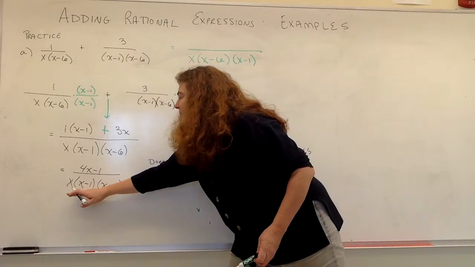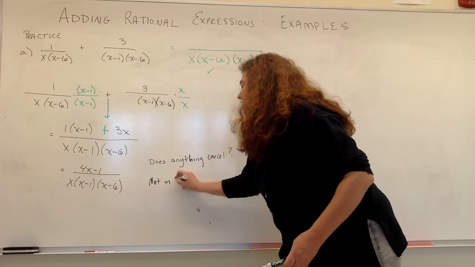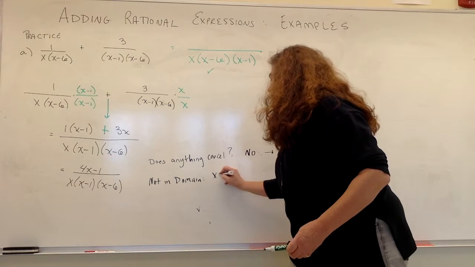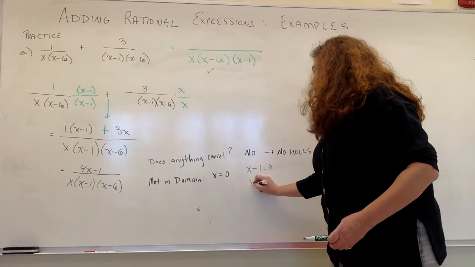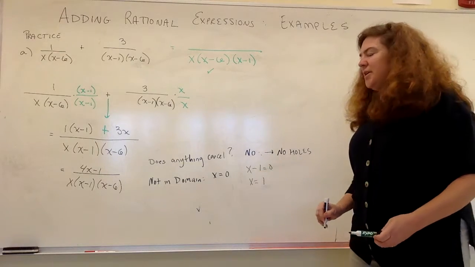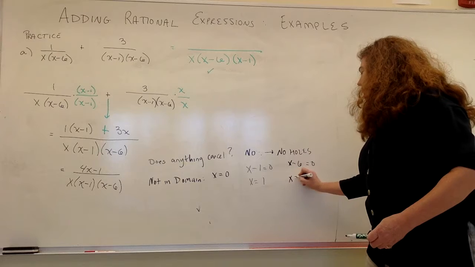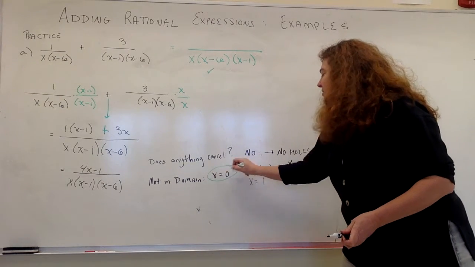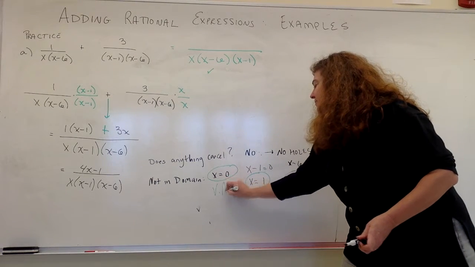So wherever my denominator is equal to 0, it's not in my domain. So not in the domain is x equals 0, x minus 1 equals 0, so x equals 1, and x minus 6 equals 0, so x equals 6. These three values will be vertical asymptotes.